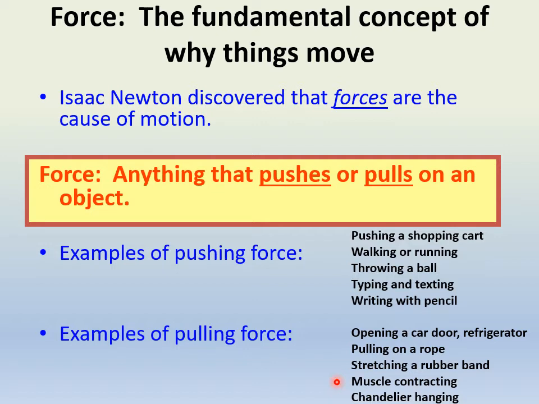And when a muscle contracts or shortens, it pulls on the bones that it's attached to, and that's what causes movement. A chandelier hanging from a ceiling, the cable that is holding the chandelier is pulling on the chandelier with a force called tension. So again, this is just a short list of pulling forces, and I'm sure you can think of some more.